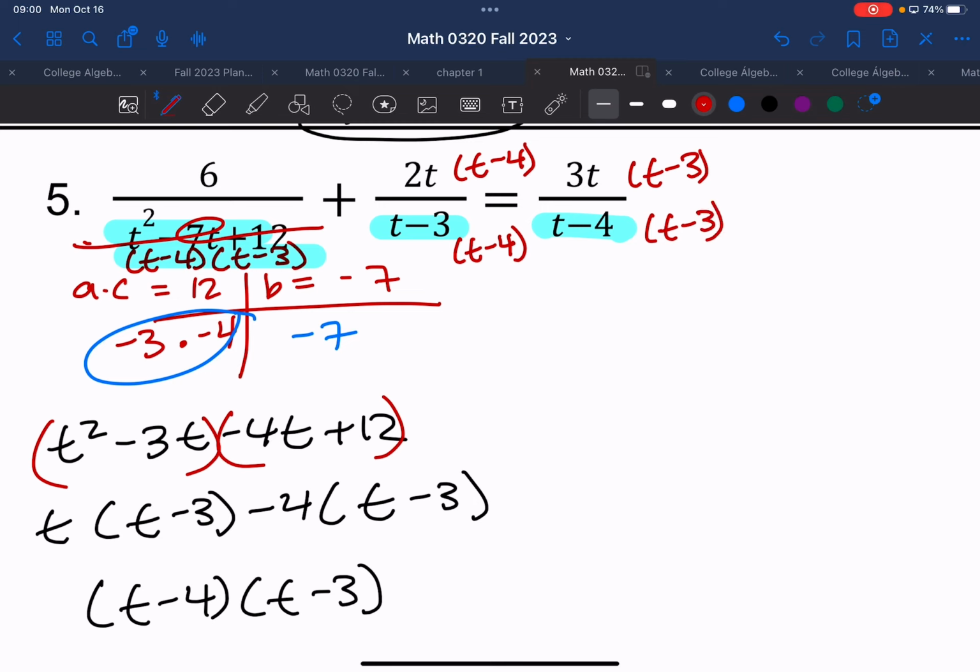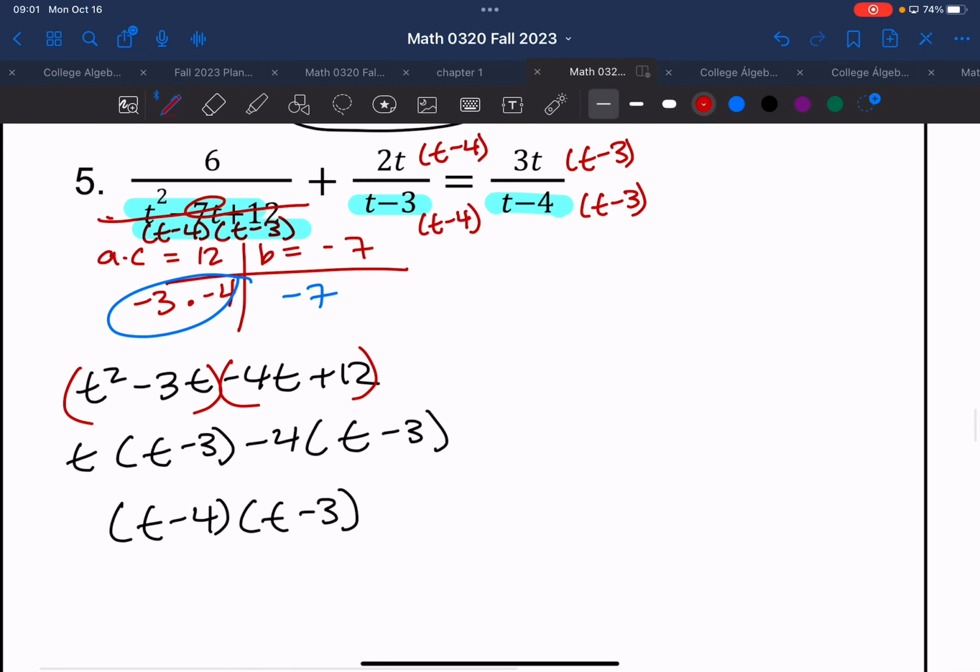Okay. So let's see. Rewriting here. I'm now rewriting my equation where everything has a common denominator.